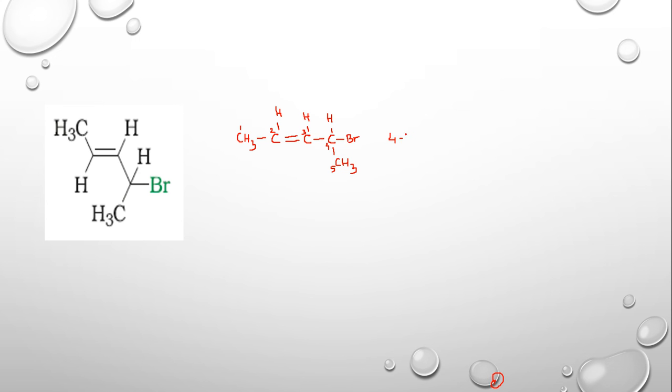So the name is going to be 4-bromo-2-pentene, or it can also be written as 4-bromopent-2-ene. Okay, so that 2 is going to indicate the double bond is present at position 2 and 3, and 'ene' denotes it is a double bond, it is an alkene. So both the nomenclatures are correct.